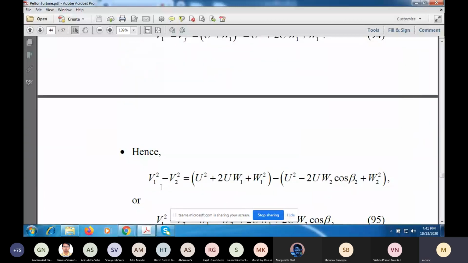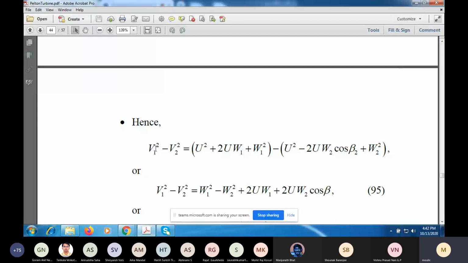So what we are interested in is the reduction in the kinetic energy. So if I look at twice the reduction, it is V1 whole square minus V2 whole square, the difference between V1 square at section 1 and V2 square at section 2. So I can write it as this group of terms minus this group of terms.